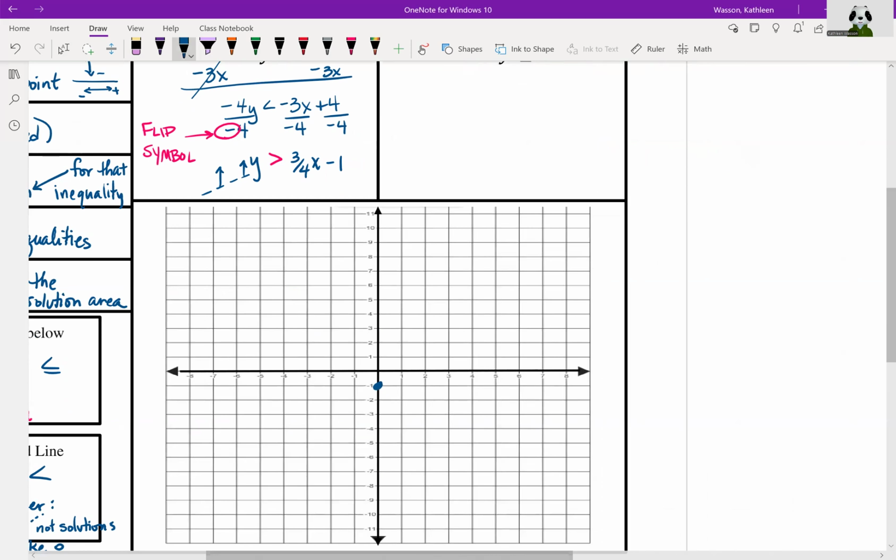So I count up 3 and right 4. And I draw in my dashed line. I'm going to give myself a few more guidelines since I don't have a ruler on here. There. So I draw in my dashed line.